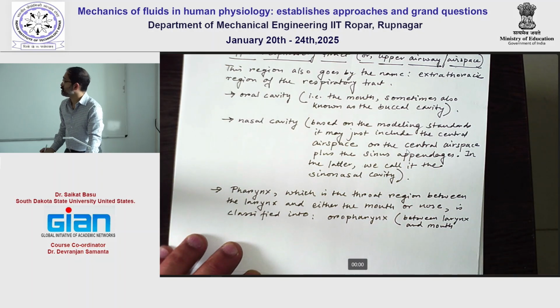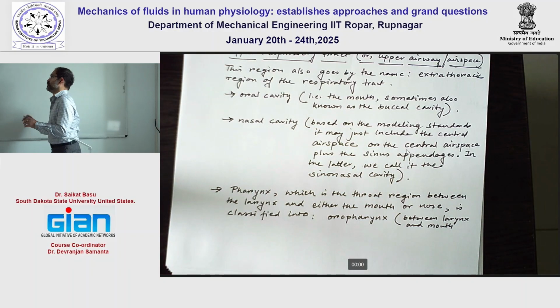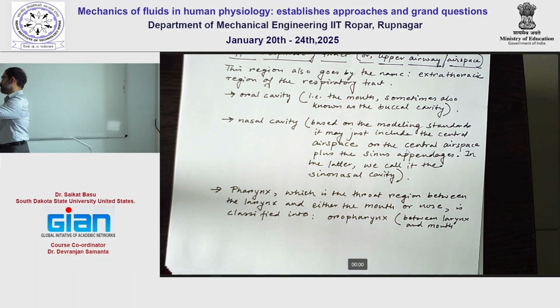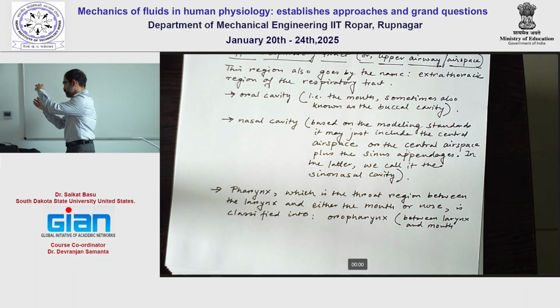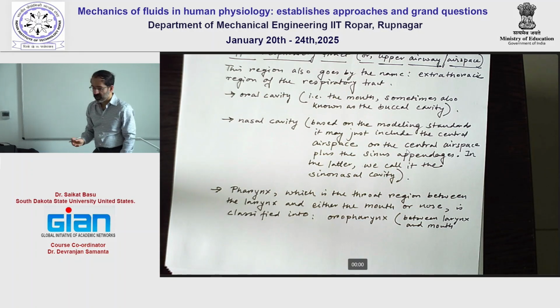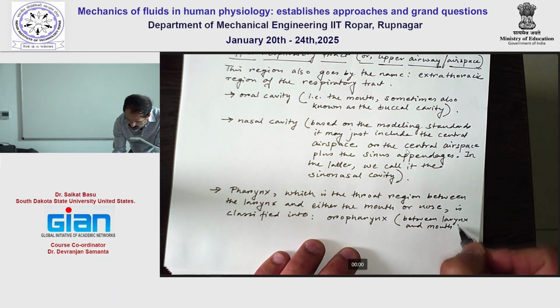That is one way to think about it, because the main airspace, the region where the mouth space connects, we take as the oropharynx, the lower part of the pharynx.